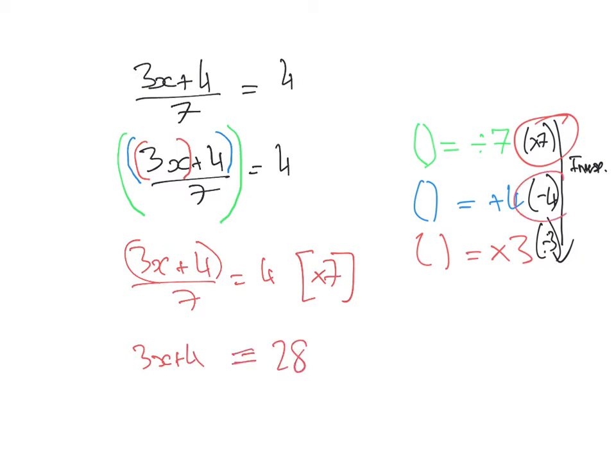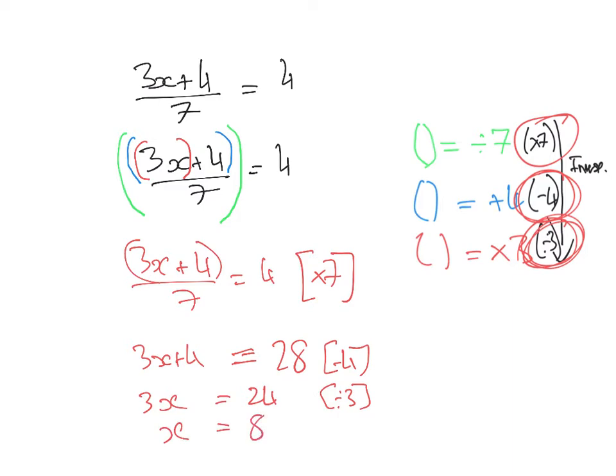Next thing, take away 4. So we get 3x equals 28 take away 4, which is 24. And then the final thing, we divide by 3, and that gives us x equals 8.